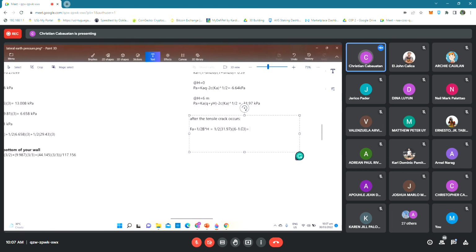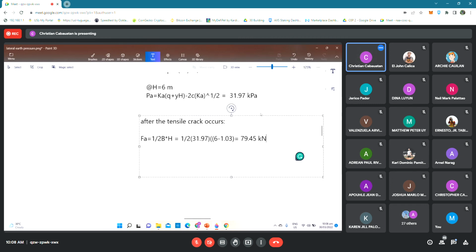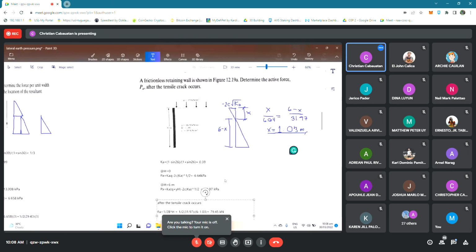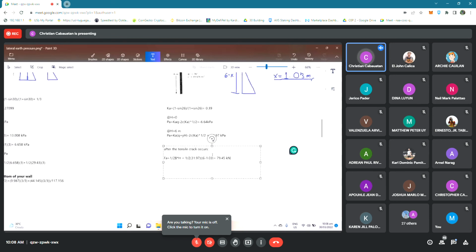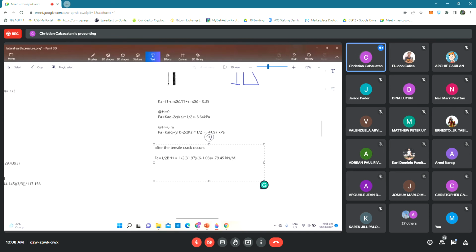Therefore, the value of your force after the tensile crack is 79.45 kilonewton per meter width. Noted here that it is kilonewton per meter width.